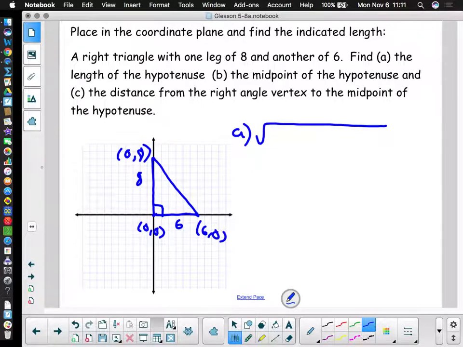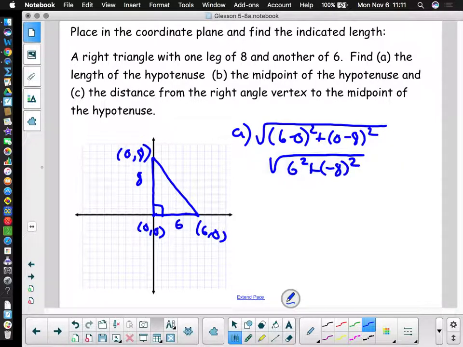That's going to be a distance formula. So that's going to be 6 minus 0 squared plus 0 minus 8 squared. So 6 squared plus negative 8 squared. 36 plus 64 is the square root of 100, which is 10. Fantastic. We've got A done.